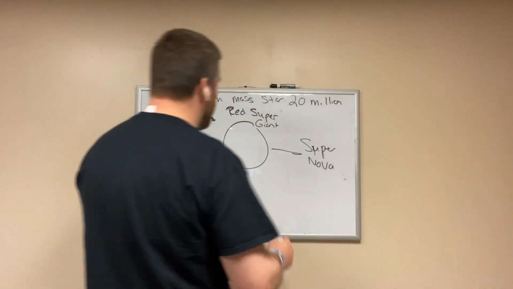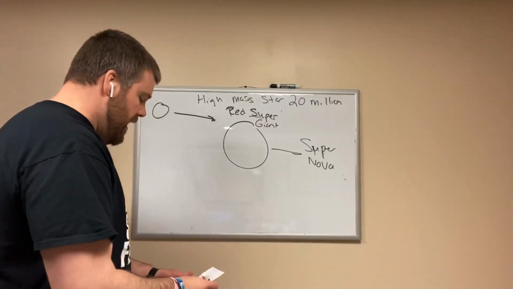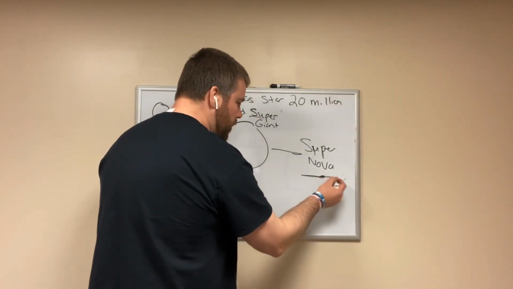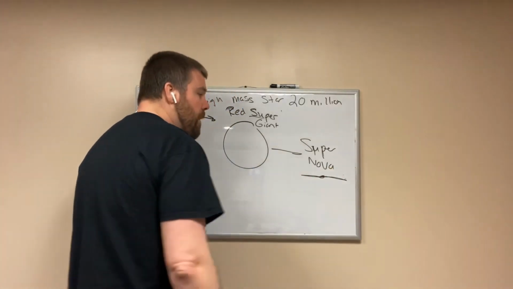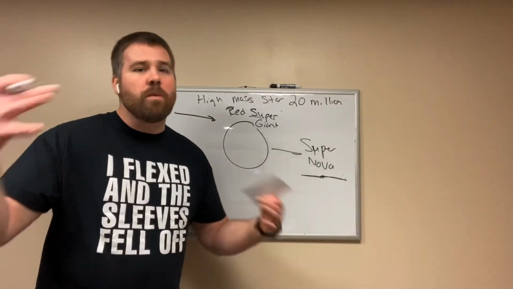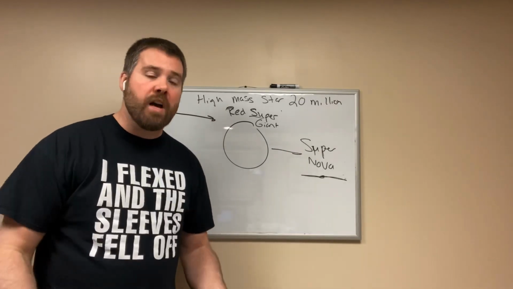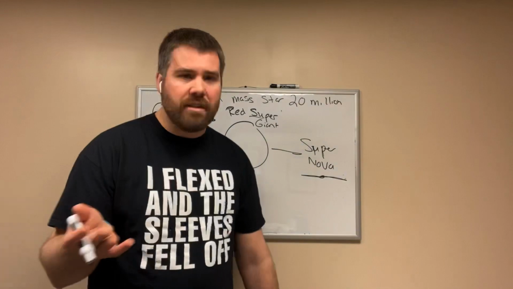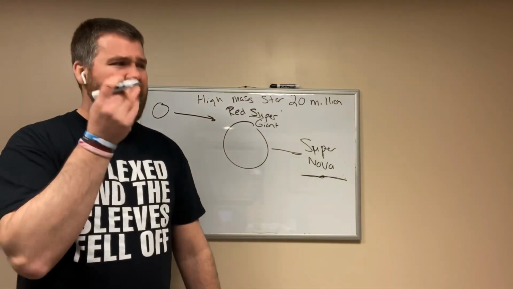Now, a supernova is basically a giant explosion in space. It's when a star runs out of fuel. It collapses, and when it collapses, it blows up. You can actually go on the internet and look up a supernova. NASA found one.